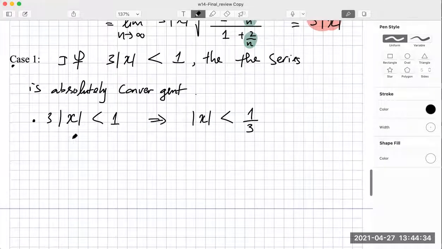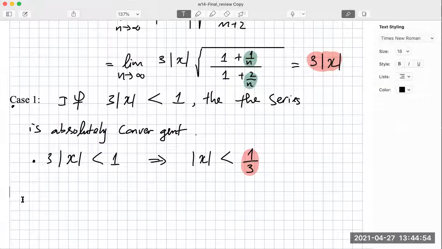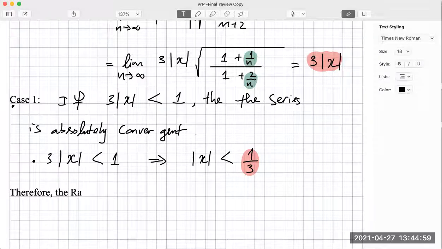From the definition, the absolute value of x smaller than a number, we call this number the radius of convergence, right? R is equal to 1/3.